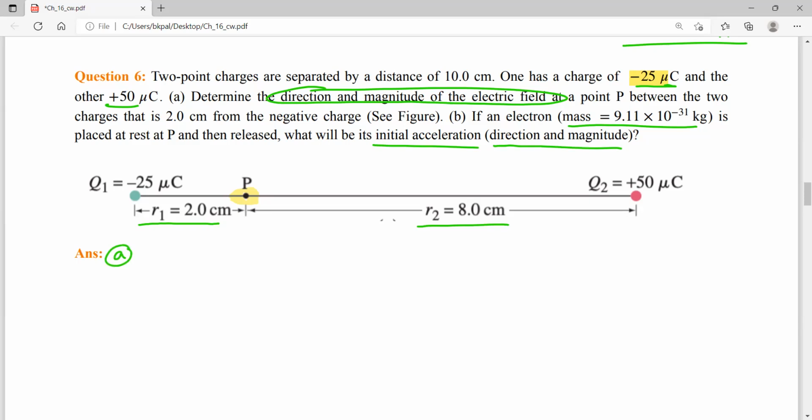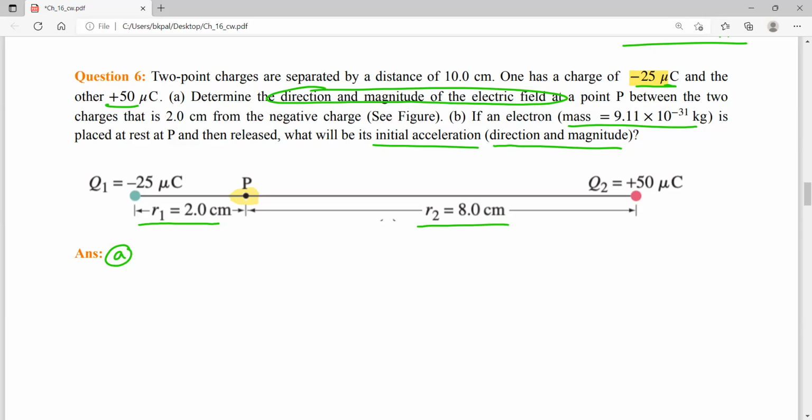Similar to the electric force, when we have multiple charges, we have to individually determine the electric field. When we calculate the electric field, remember that we need only one charge. Many students make the mistake of just calculating the force between Q1 and Q2.